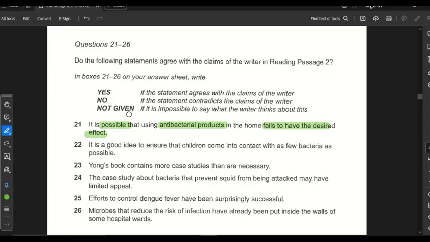Whether it will be stated anywhere within the paragraph that there's a possibility that using antibacterial products in the home fails to have the desired effect.